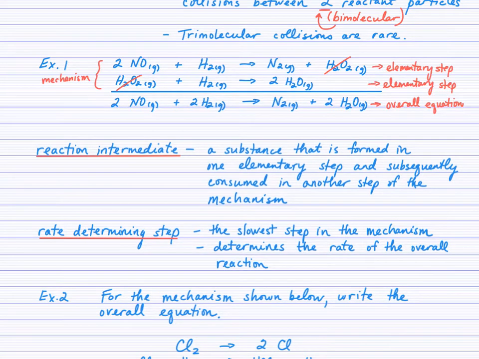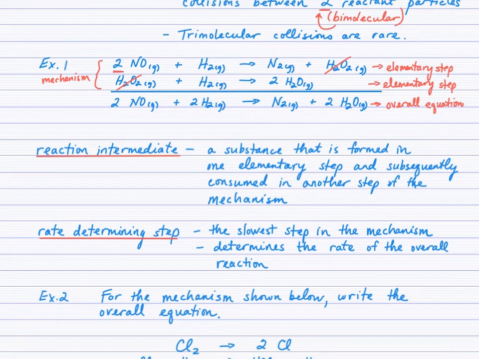Okay, so you'll see that I indicated that these 2 steps together form a mechanism. Each of those elementary steps is indicated. There are 2 steps, and they form the overall equation. Now, in terms of molecularity, look at the number of particles colliding in each elementary step.